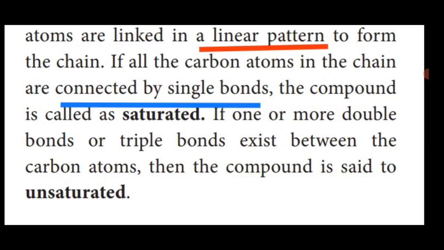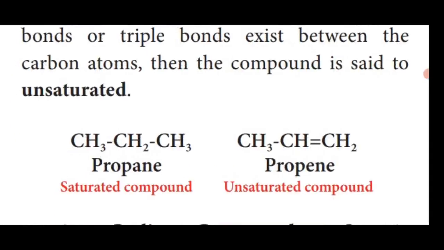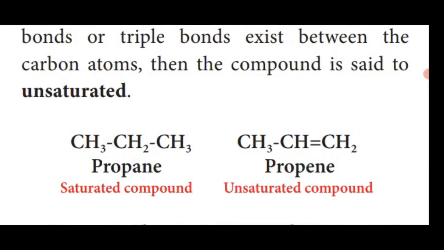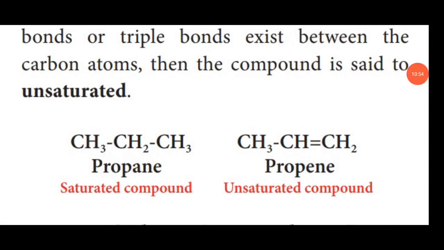This is alicyclic or open chain compound. Example: propane. Propane is a saturated compound. Formula CH3-CH2-CH3. The carbon between carbon contains single bond.